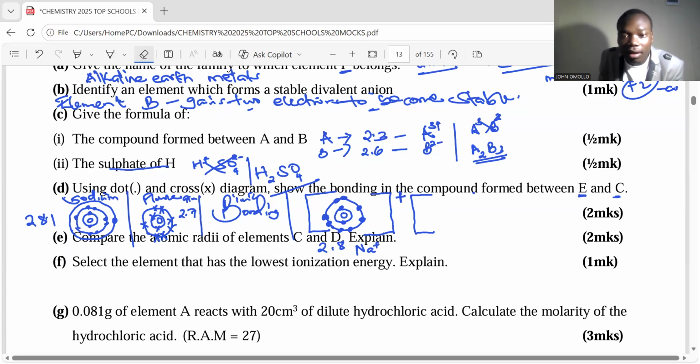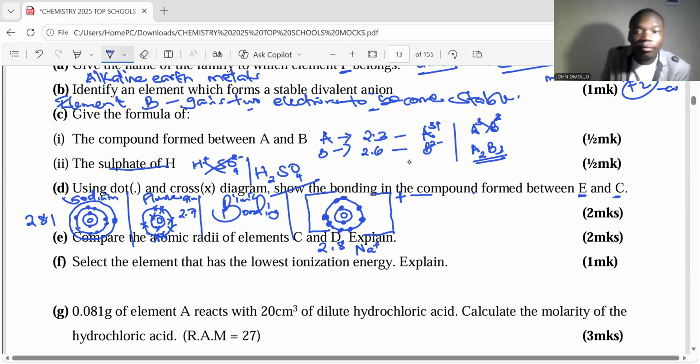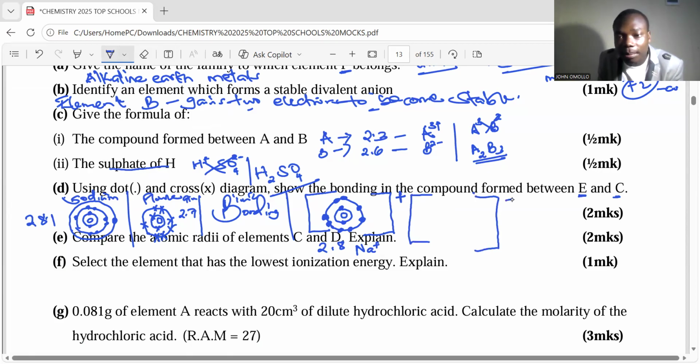Remember, fluorine is gaining. So we are going to have a negative here. When it gains, it's going to have a negative. The first energy level with how many electrons? 1, 2.